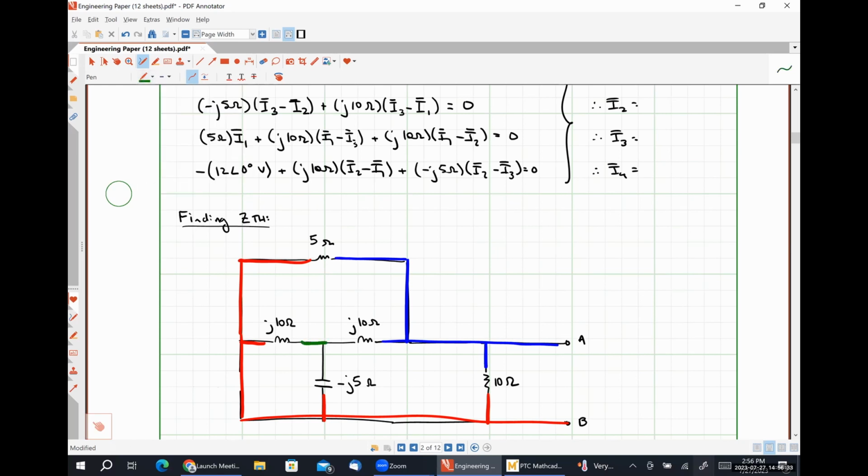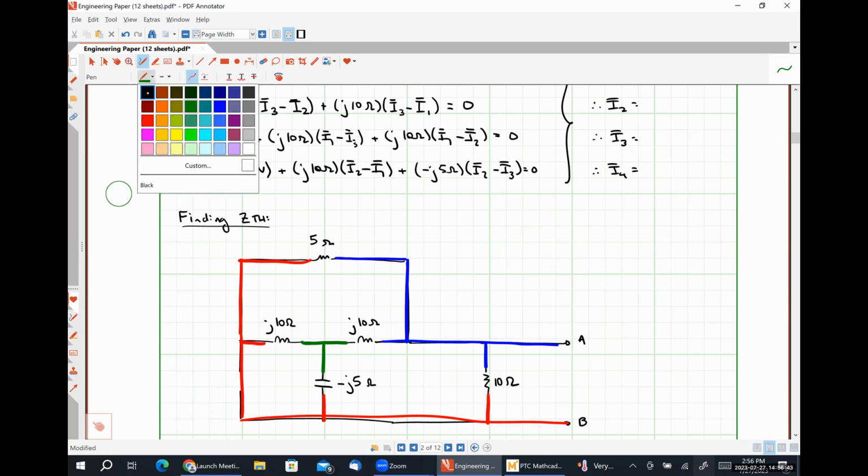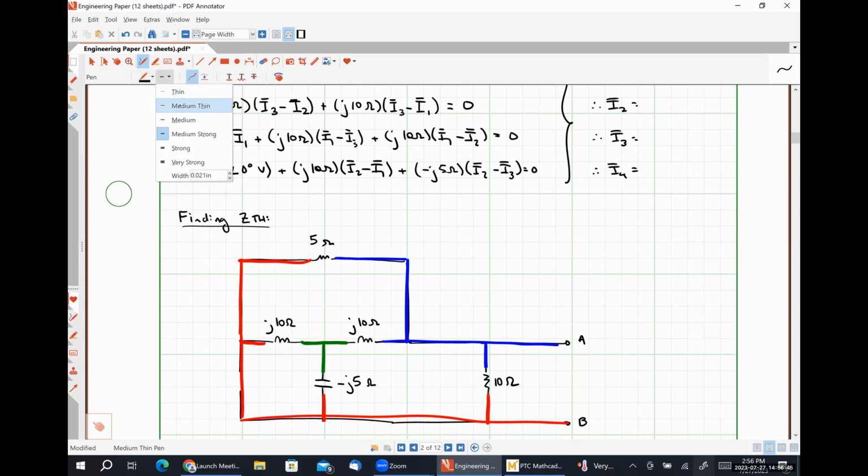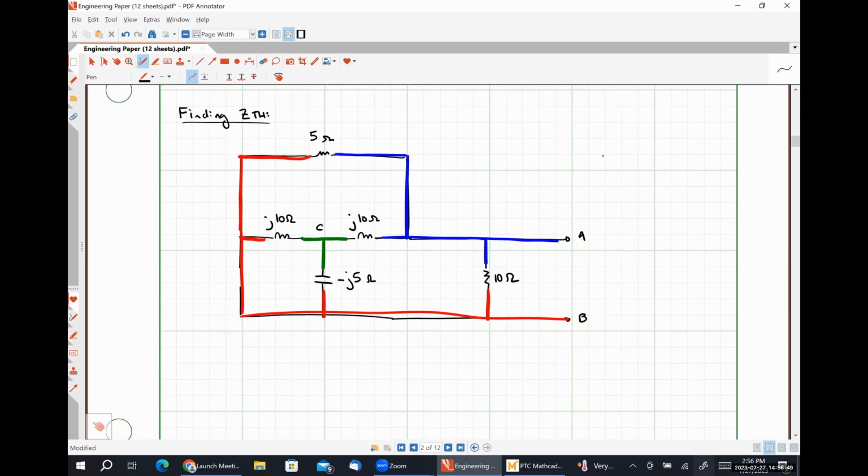And lastly, we're going to have this green node in the middle, like so. So we've already got the blue node labeled as terminal A and the red node labeled as terminal B. So let's make the green node in the middle C. And we're trying to find the resistance seen between A and B. And I'm going to be frustrated if this winds up making me use a delta Y transformation, but I have a way around that too.